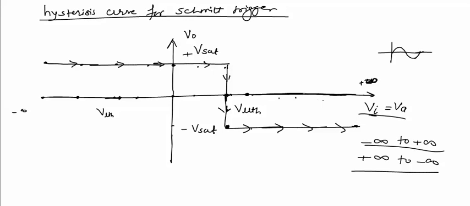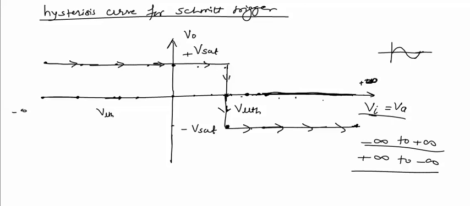Now we will decrease this value, but before that, as V0 is confirmed to be minus VSAT, VB will be VLTH. Now if we decrease this value, in comparison with VLTH, VA will be greater than VLTH, so output will be minus VSAT.